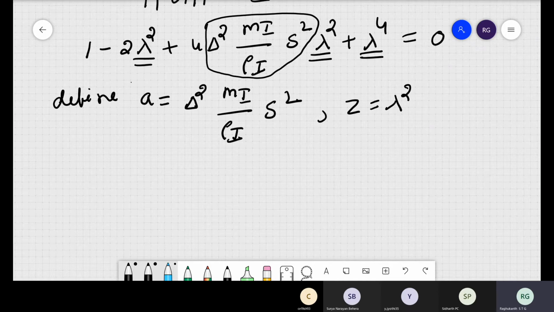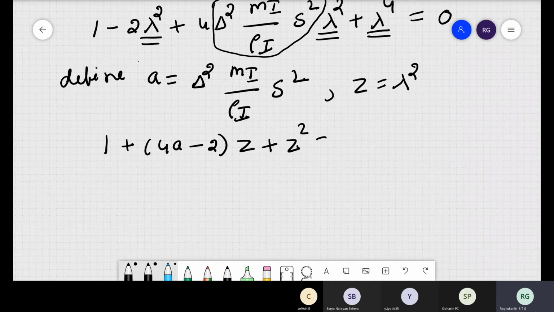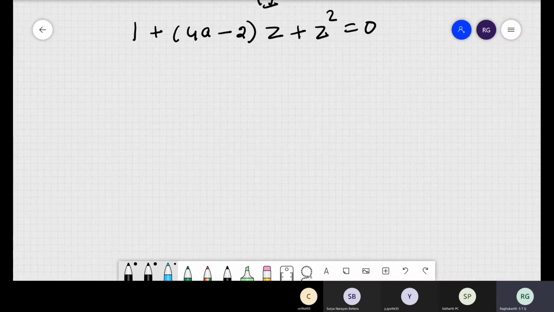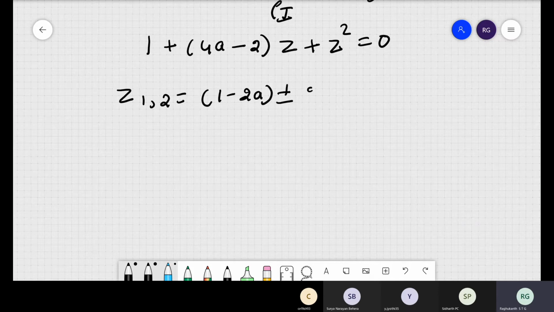Now you can write the above equation like this: 1 plus 4a minus 2 times z plus z squared is equal to 0. This is just a quadratic equation, so the roots z1, 2 will be 1 minus 2a plus or minus the square root of the remaining terms.